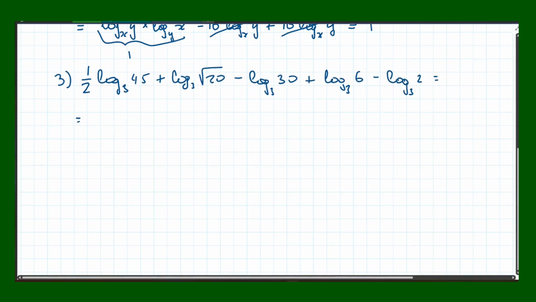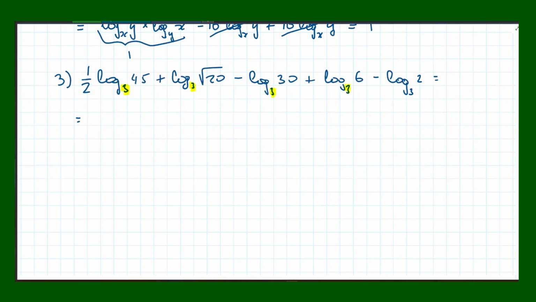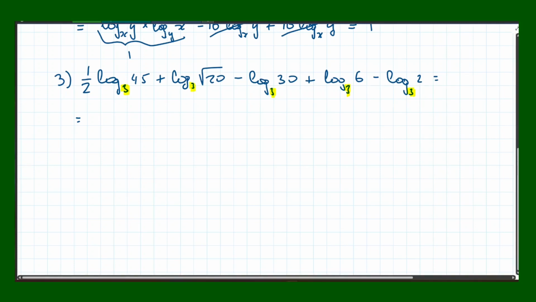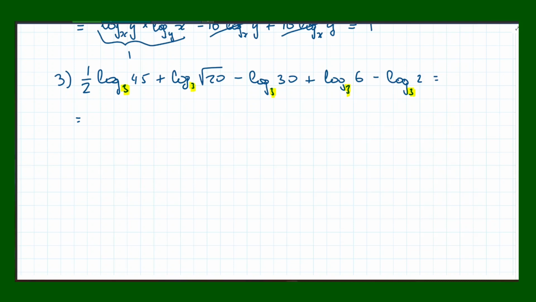Now, first of all, we notice that all the log bases are 3. So thankfully, we do not have to change any of the bases. Next, what we spot is that there are additions and subtractions between these log signs, but there is a 1/2 multiplier in the first term.